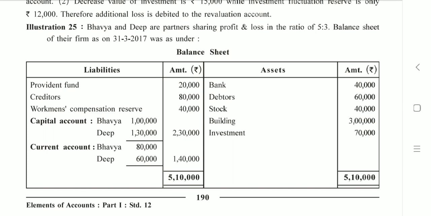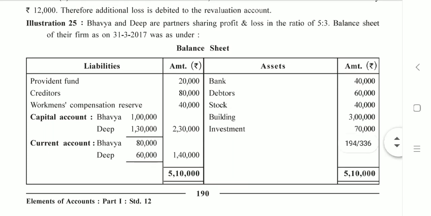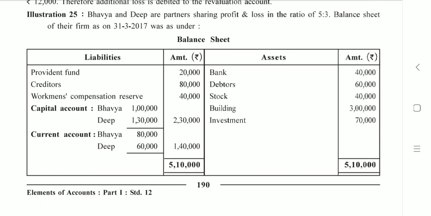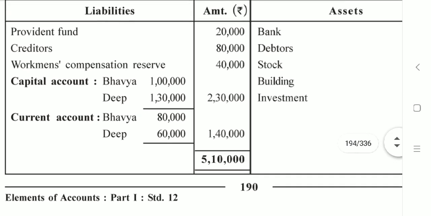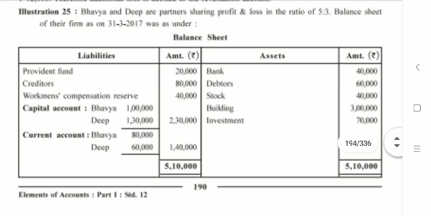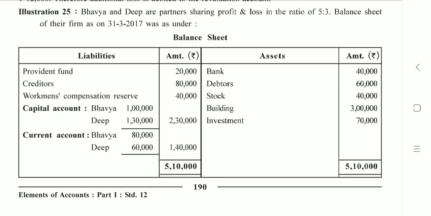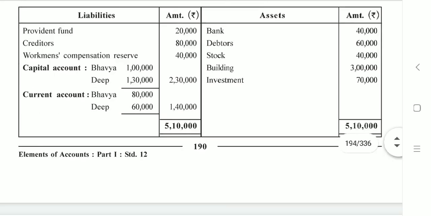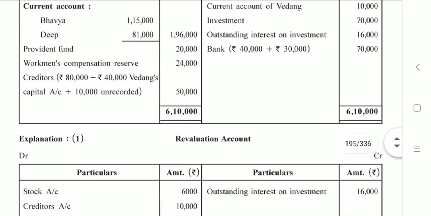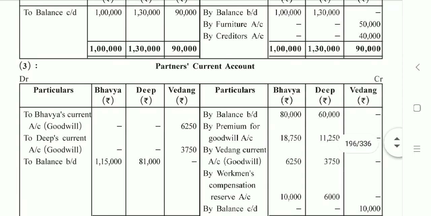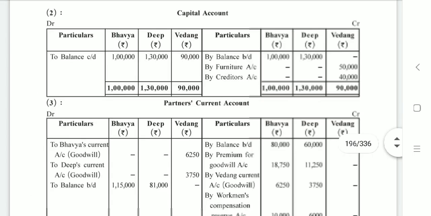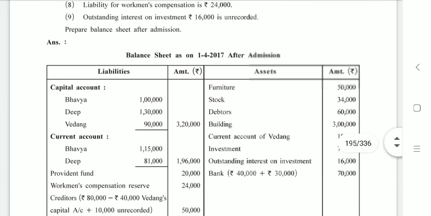Now whenever in the given question, you are provided with an old balance sheet, this is the question, if your question includes the balances for current accounts of the partners, then an additional account is to be prepared, which is partners current account. I'll show you. See, here it is, partners current account. तो इतना ही difference है.